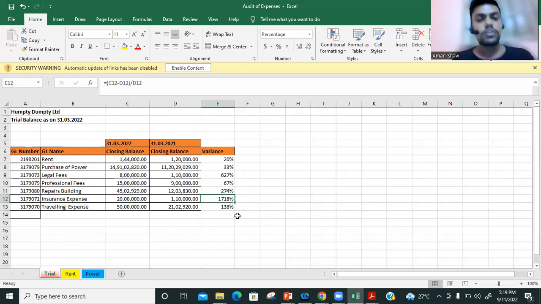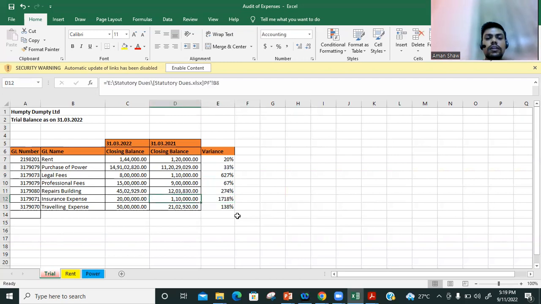Moving further, insurance expense. See, last year the expense was 1,10,000, and right now the expense has increased to 20 lakh rupees. So what is the nature of this increase? Also, if you have done any insurance, you see that insurance starts from the middle of the year and ends in the middle of another year.